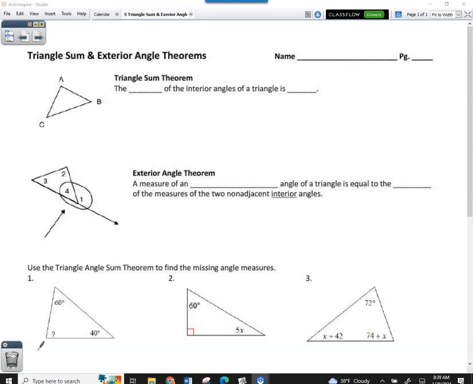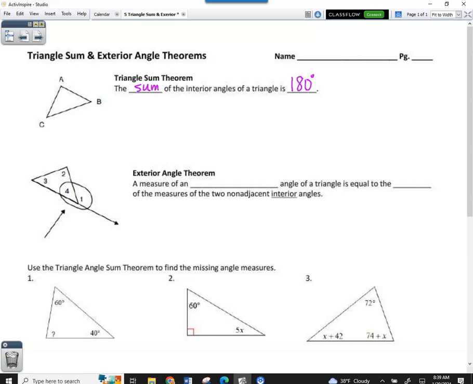So the first thing, the triangle sum theorem, says the sum of the interior angles of a triangle is 180 degrees every single time, every day, all day. It doesn't matter how goofy looking the triangle is.